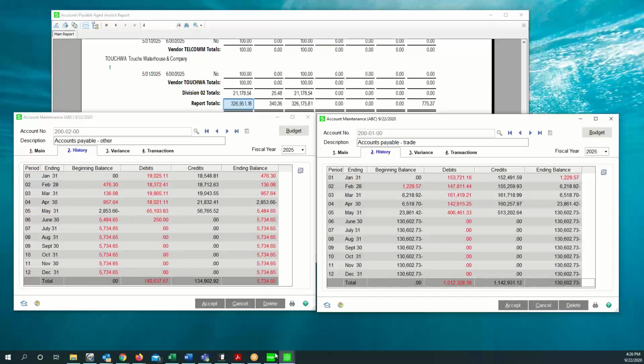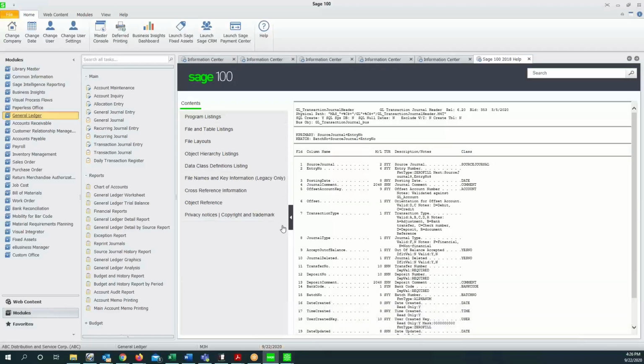And one thing that is really important that we need to make sure of is that our friend, the daily transaction register, has been updated for all transactions that have posted up to this point.